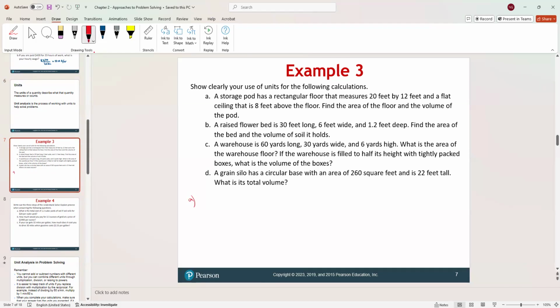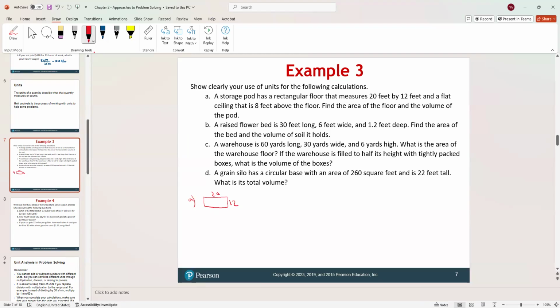A storage pod has a rectangular floor that measures 20 feet by 12 feet and a flat ceiling that is 8 feet above the floor. So that would be the height.